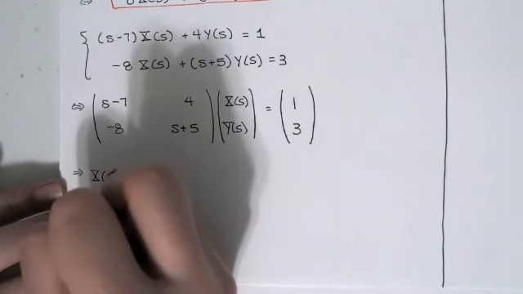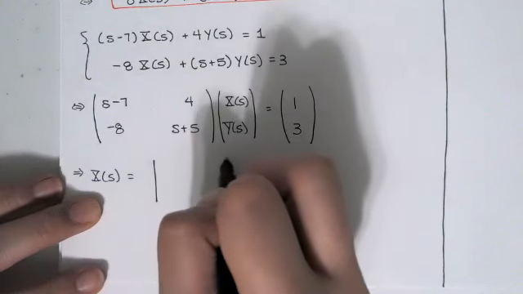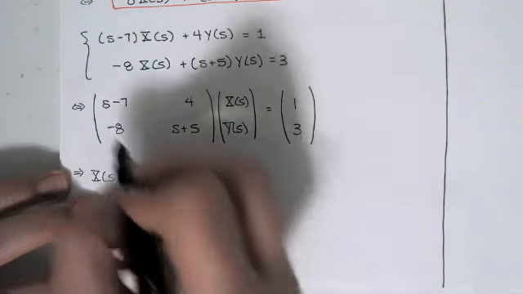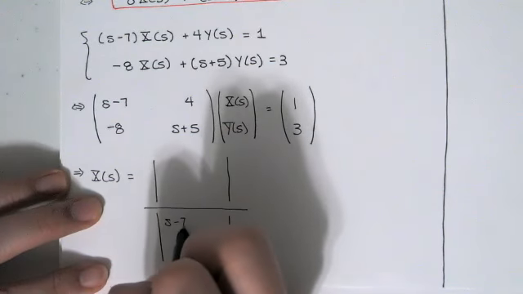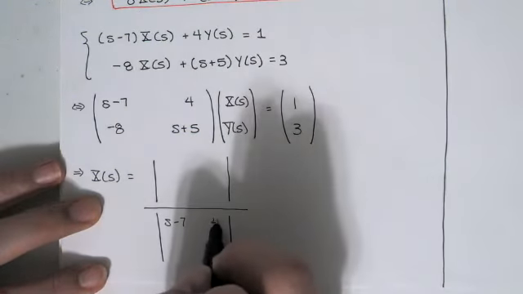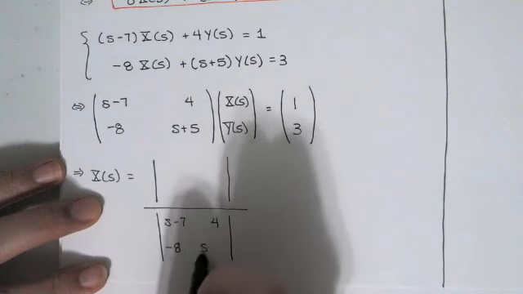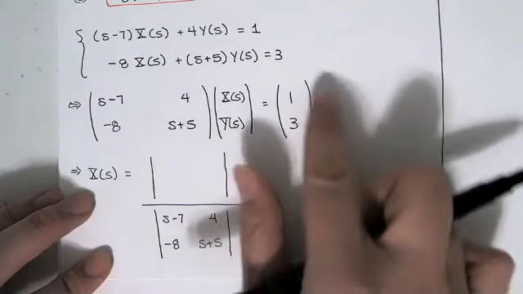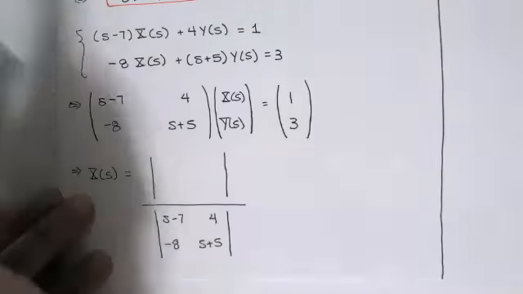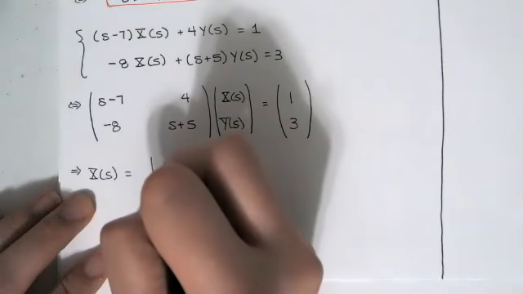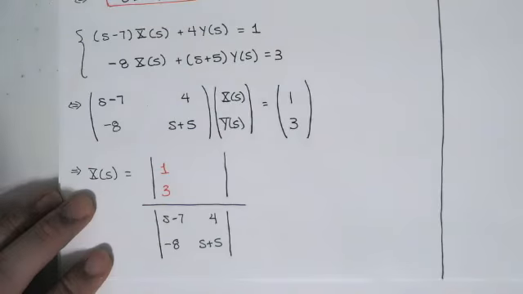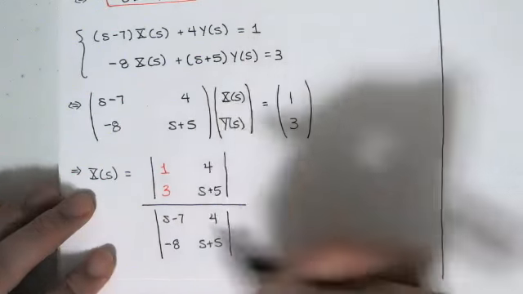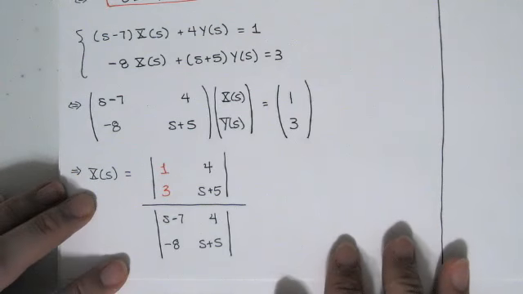X of s is the quotient of these two determinants. First, you take the determinant of this coefficient matrix, and then you replace the first column with the right-hand side. So we'll replace this column with 1 and 3 this time. And that will be X of s.